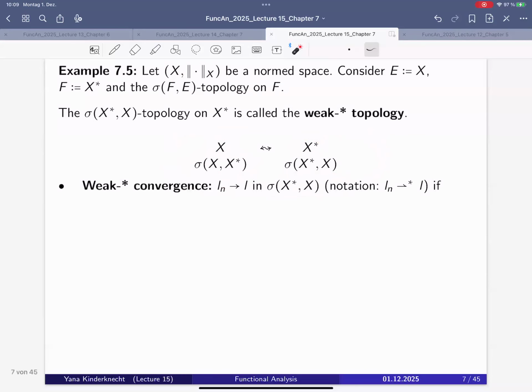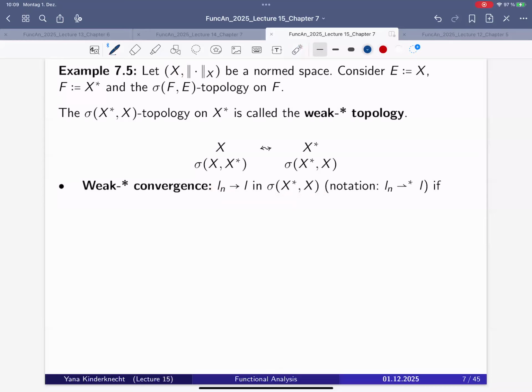So the convergence in weak star topology is as follows. Linear functionals Ln converge to L in this topology. This would be the notation, so this is for weak and this is for star. I suggest that you dictate to me what I should write. What does it mean that Ln converges to L in this weak star topology?